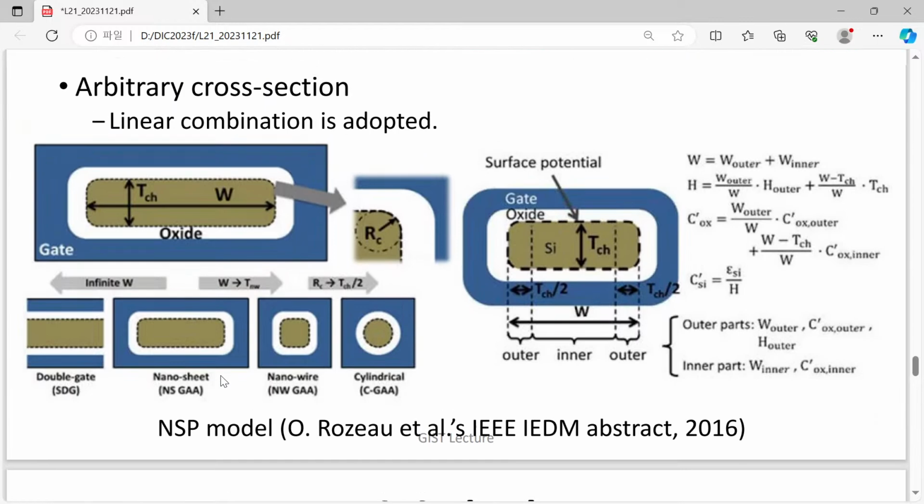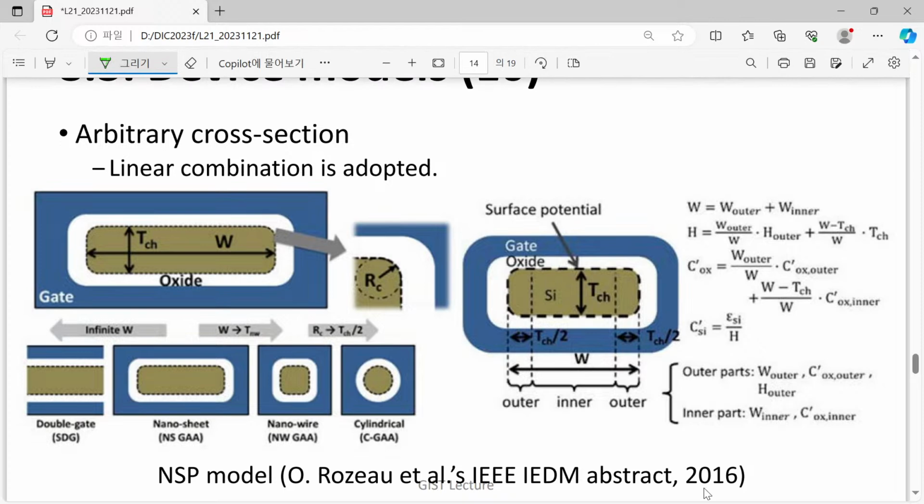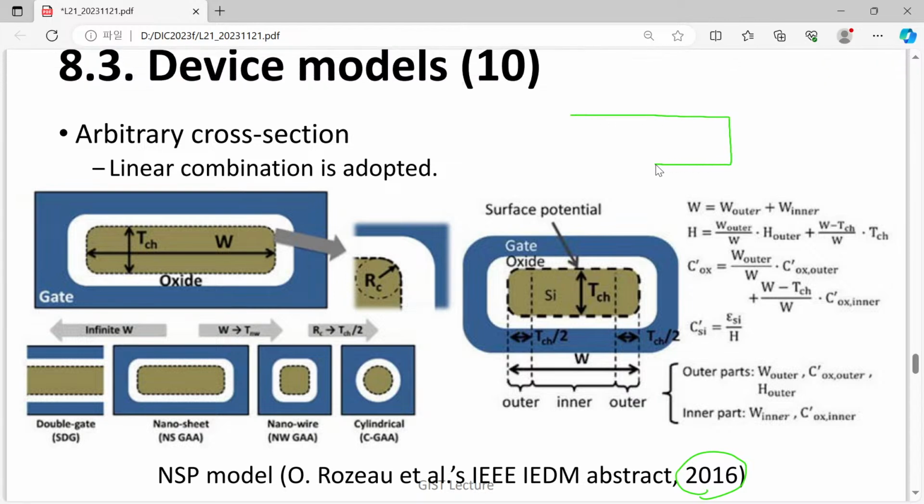One attempt to solve this problem was shown in 2016. Here we have the silicon layer like a dark yellow line, and from the TEM image they found that we can treat our silicon channel as a rectangle with rounded corners.